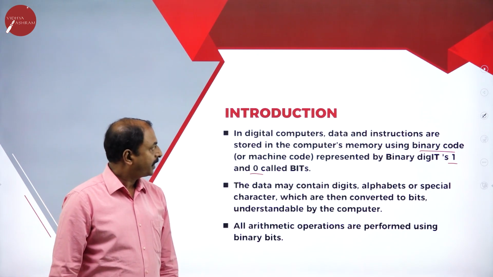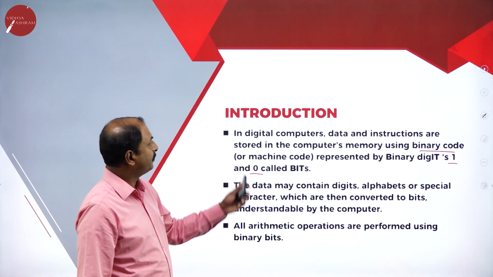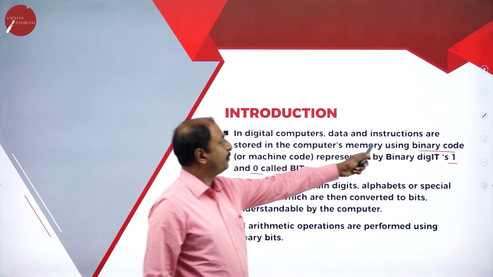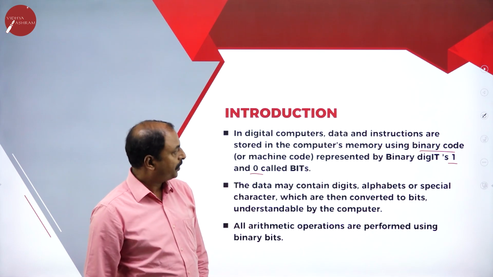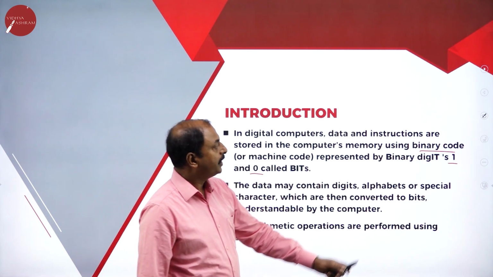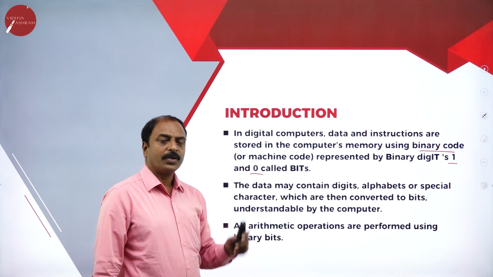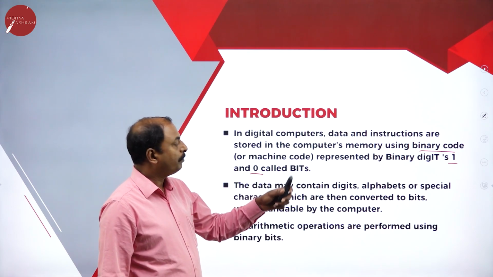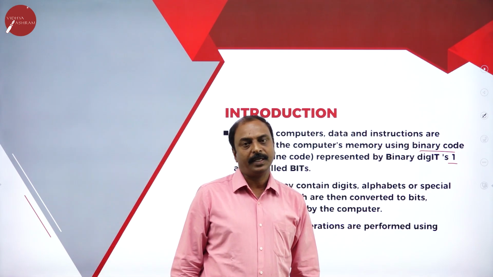There we have learned that a computer is a digital machine. So data and information are stored in computer memory in binary code. Which are the binary codes? Here 1 and 0 are called binary codes. These two are called bits, and a combination of bits forms a binary code.